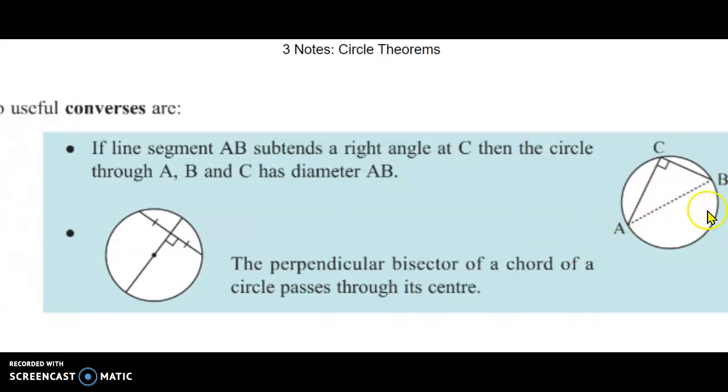At first, we established that AB is the diameter, so therefore ACB is a right angle, but now we're just swapping it. And then we've talked about a problem like this. It says the perpendicular bisector of a chord of a circle passes through its center. Again, we're swapping things. This equals the theorems before.